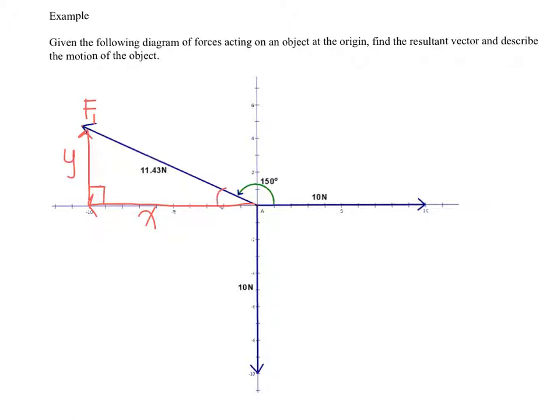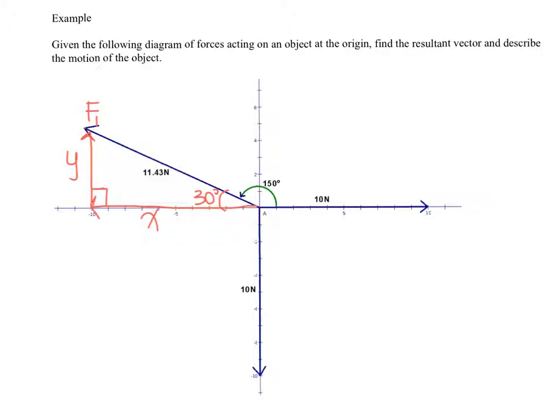And then the angle here, because we know the positive direction is 150 degrees, we know this angle is 30 degrees. So we can use trig functions to help us find the component form of that vector. So we know that in order to solve for x, we have to use the adjacent side, and we're given the hypotenuse. So we know cosine, since cosine involves adjacent side, we know cosine of 30 is going to equal x over 11.43.